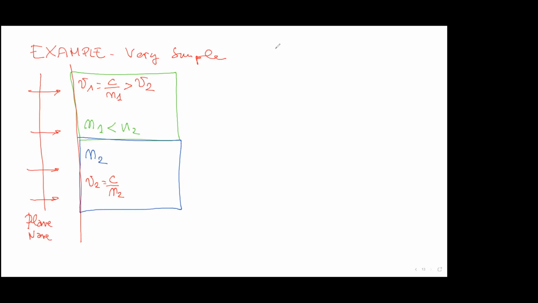So when propagating inside the medium, the wavefront on the top part will run faster, and the wavefront on the bottom part will run slower. So you will have something like this after some time. Then you will have something like this after some time. So when the wavefront is here, it is like this.